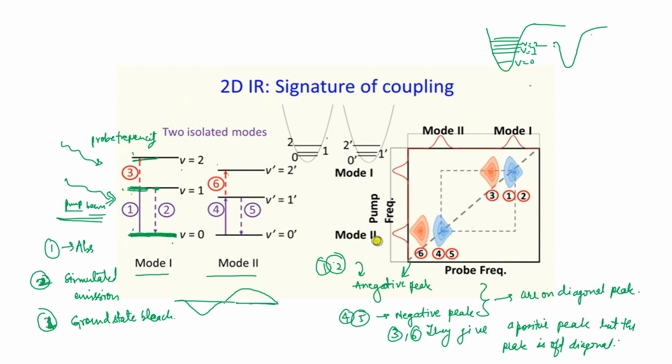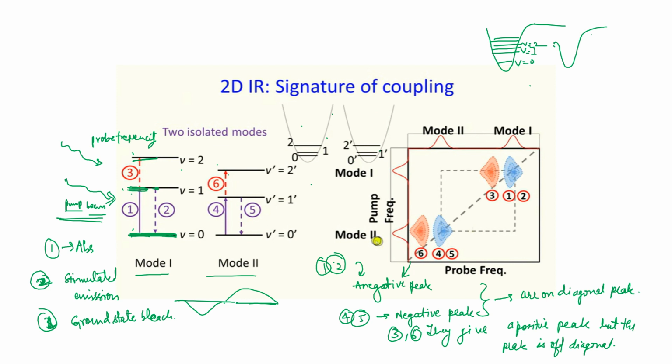Now, the third case is denoted by 3. And in the case of 3, what will happen? If the probe frequency has a lower value than that of the pump beam, then the system will gain sufficient energy to reach the third state. Two isolated bands are not shown connected to each other, but are shown separately in the form of wells.